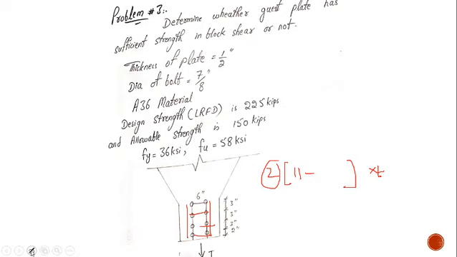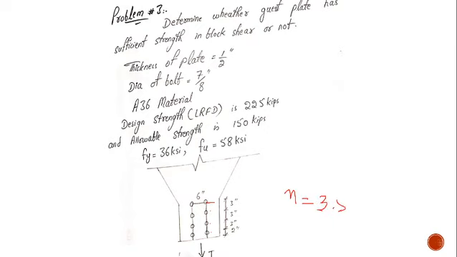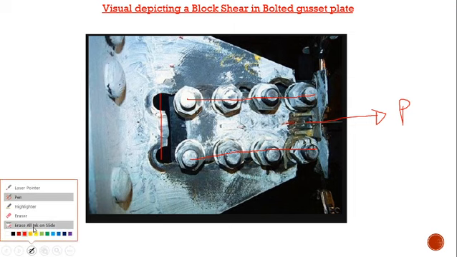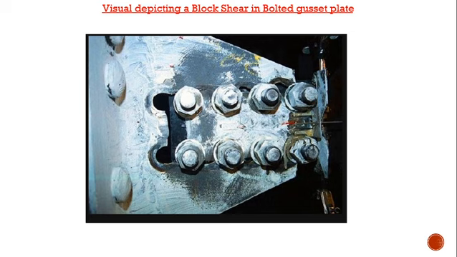For example, I can show you here: 1, 2, 3 and this half. As a result, the value of N will be 3.5 and not 4. Obviously, I have multiplied it with 2, so I'll get 7. You can see here 1 bolt, 2 bolt, 3 bolt, 3 holes, and this half hole.